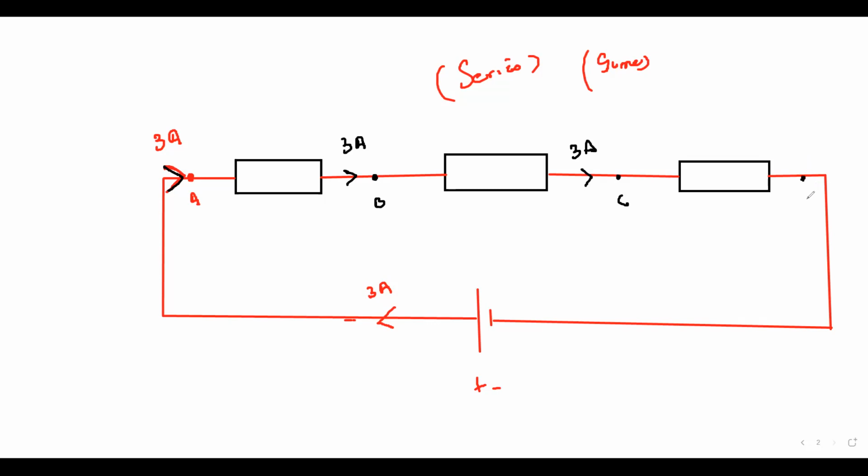Then point D, how much current will flow? 3 ampere. And how much current will return to the battery? The same 3 ampere will return to the battery. So the current, which is the flow of the charges, is always the same in a series circuit. In a series circuit, the current at each component is the same. Is this example clear?